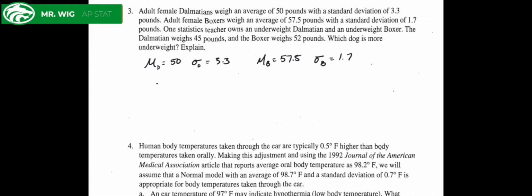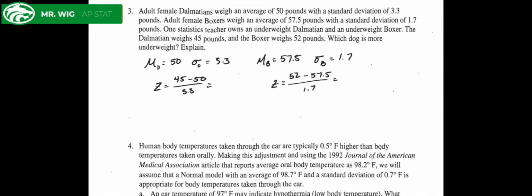Okay? So the z-score for this side is going to be 45 minus 50 divided by 3.3. And for the boxer, we're going to have 52 minus 57.5 divided by 1.7. These values are going to get me some negative z-scores.